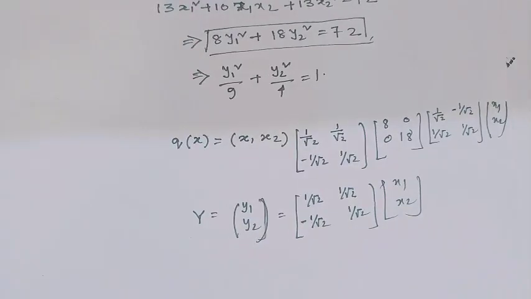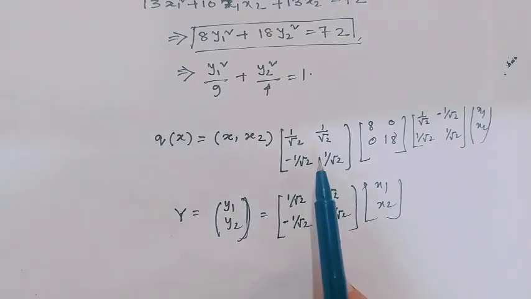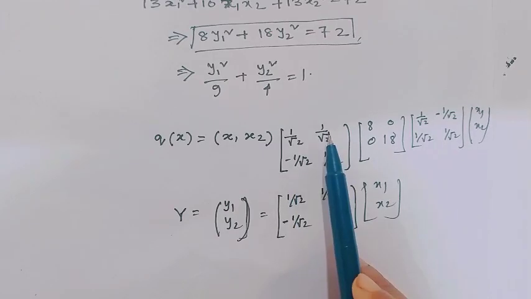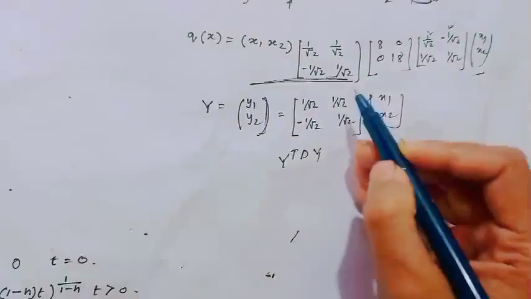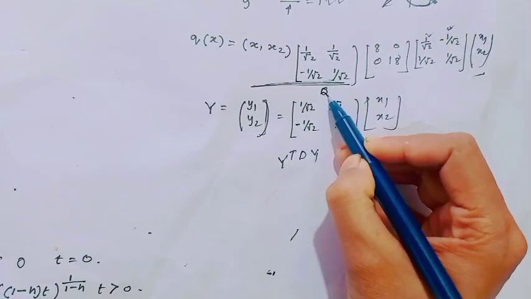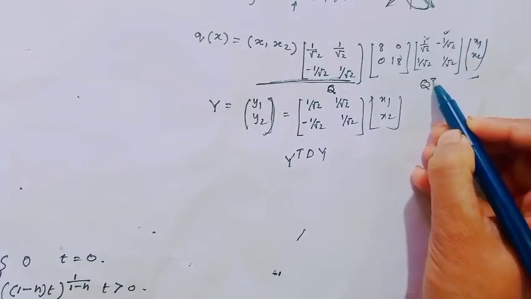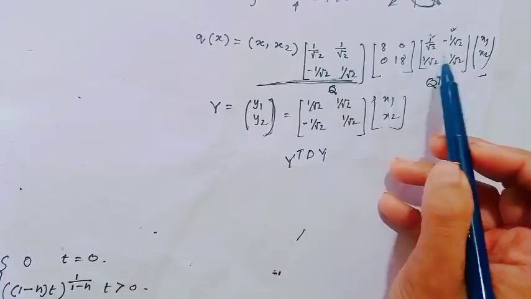And here the new Q(x) would be of this type, x1 comma x2. The first eigenvector, with respect to eigenvalue 8, is 1 over square root of 2, minus 1 over square root of 2. And here, 1 over square root of 2, 1 over square root of 2. If we consider this matrix as Q with the eigenvectors as columns, then this would be the Q transpose matrix. Just notice, this is the transpose of this matrix.